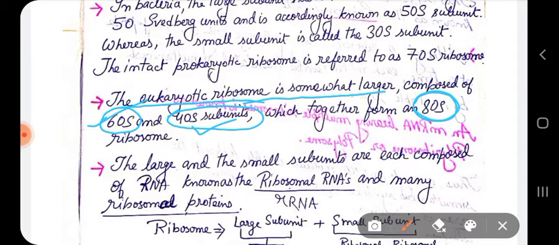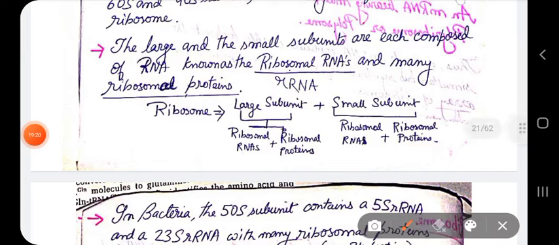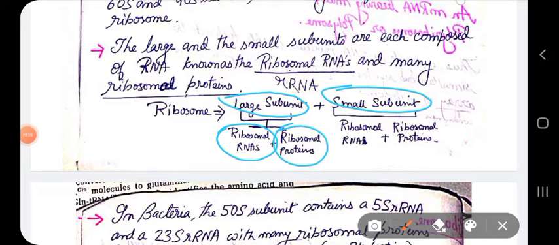So whether you are looking at the large or the small ribosomal subunit, each of these subunits is composed of ribosomal RNA and many ribosomal proteins.